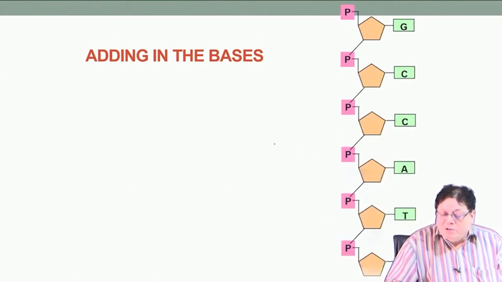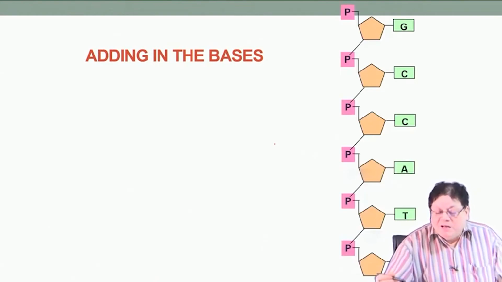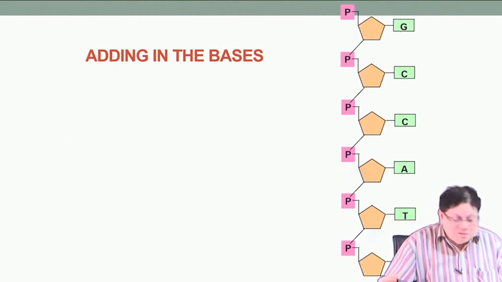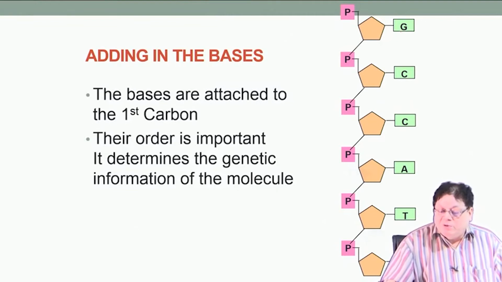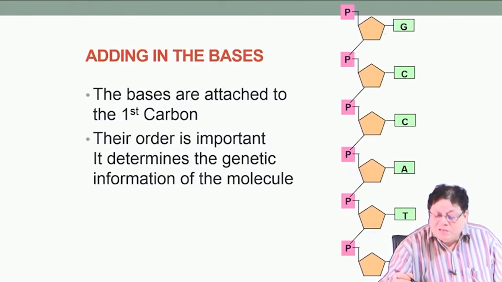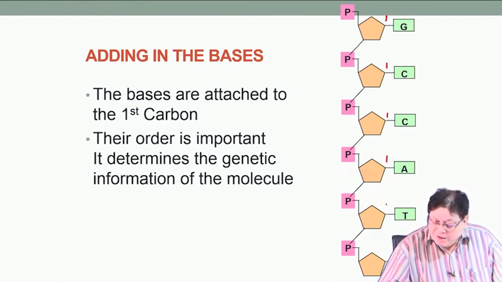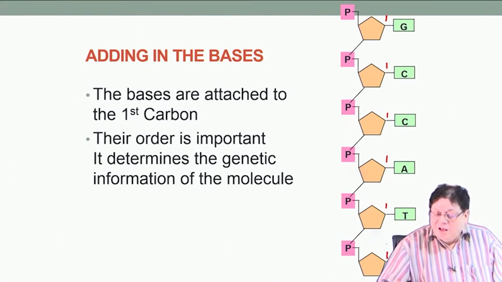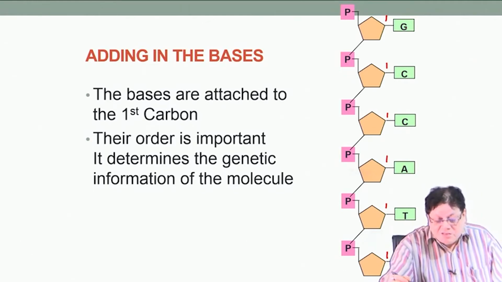Now, you add the base to make it a complete nucleic acid. Okay. So, now the bases are added. Where are the bases added? The bases are added at the anomeric carbon, that is the C1 carbon, the first carbon of the sugar, and all the bases are connected one after another, but all are connected at the C1 carbon.